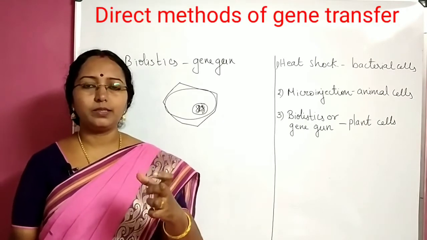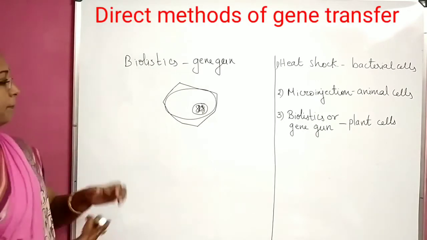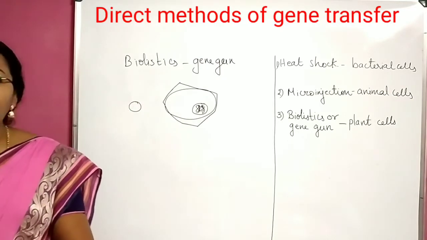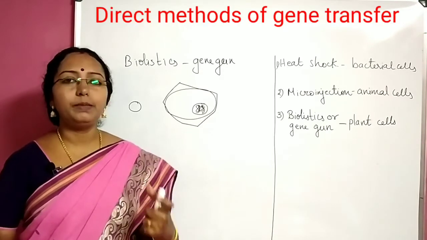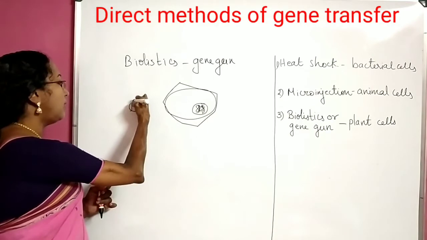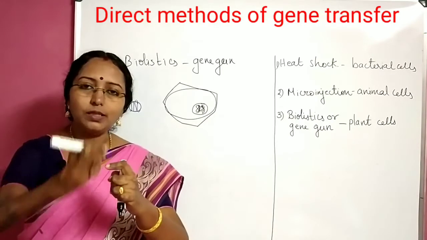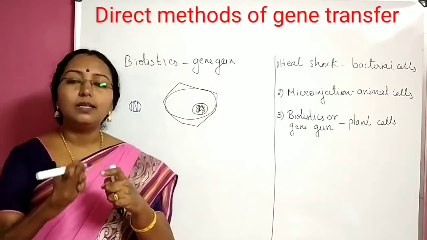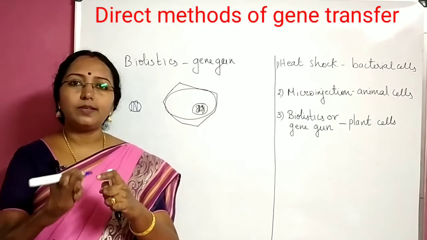Here in this case, the bullet of this gun is made up of a very inert material, maybe gold or tungsten. Onto this inert material, the gene of interest is wrapped and kept. The bullet here is a tungsten or a gold particle. Over that, the gene of interest is wrapped and kept.